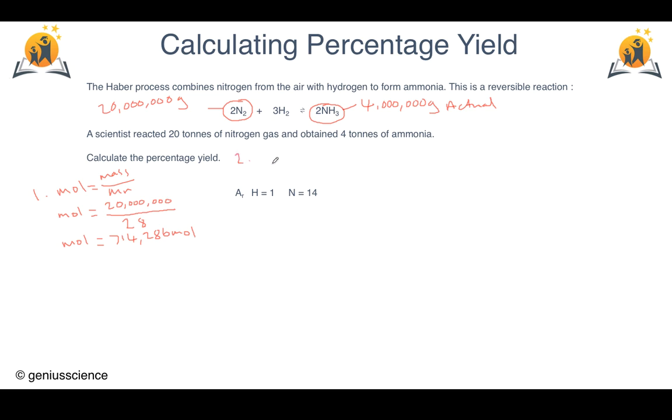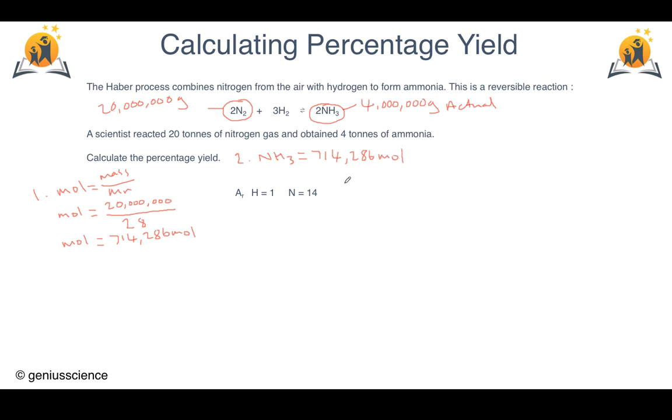And then looking at the molar ratio now, you can see whatever number of moles we have of nitrogen, we will have the same number of moles of ammonia. They have the same multiplier. Therefore, we also have 714,286 moles of ammonia.